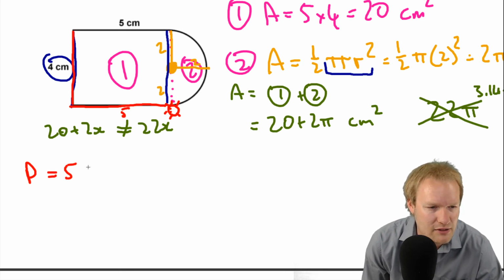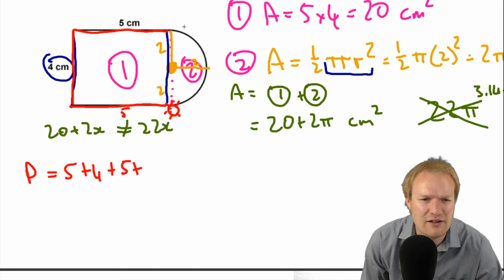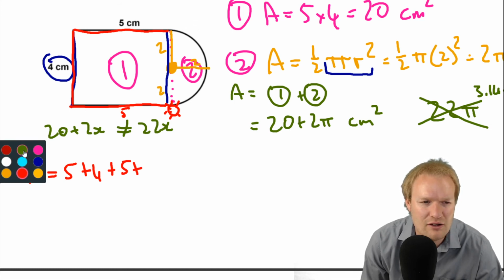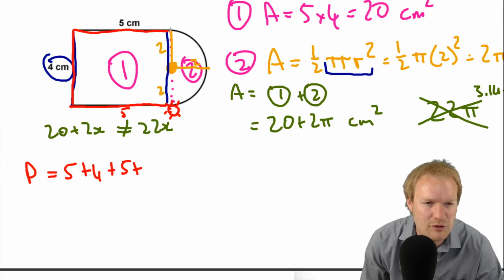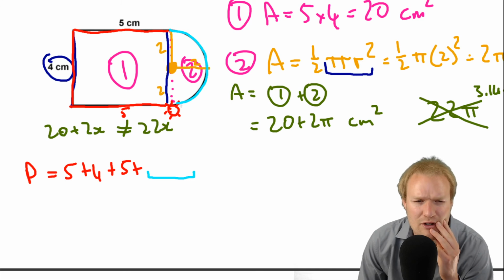Up we go, that's 4. That's easy enough. Then we walk along here, and it's going to be 5 plus, now life gets a bit more interesting. For this last bit, let's do a nice light blue. This bit round here is definitely going to be more interesting because it's the circular path.